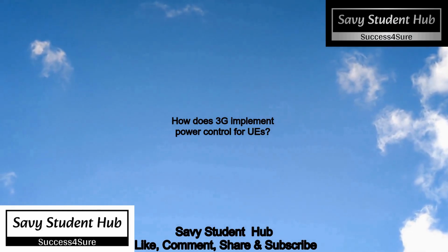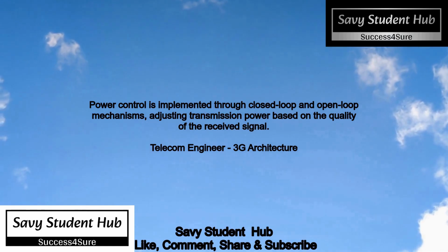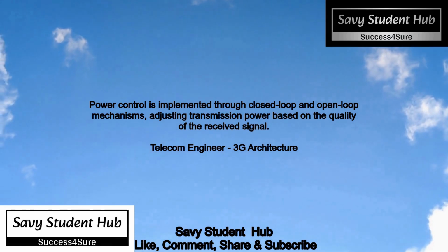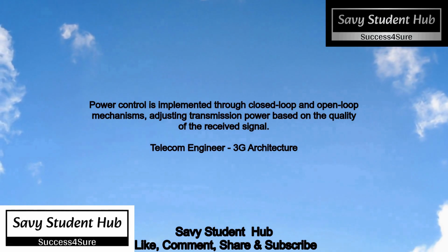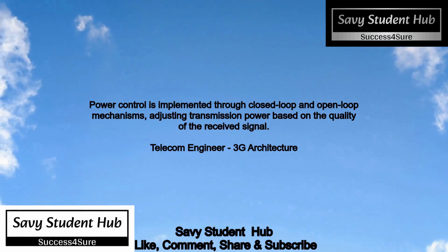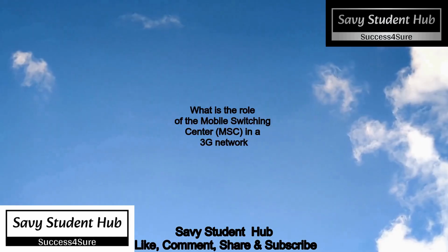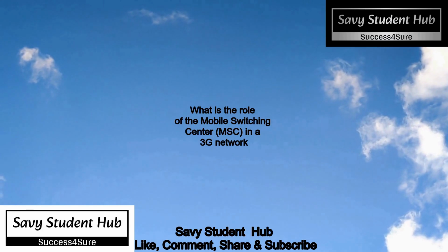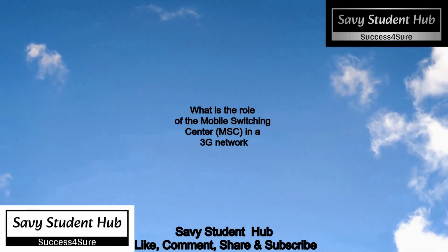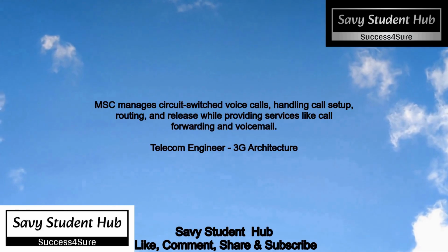Power control is implemented through closed-loop and open-loop mechanisms, adjusting transmission power based on the quality of the received signal. What is the role of the Mobile Switching Center, MSC, in a 3G network?